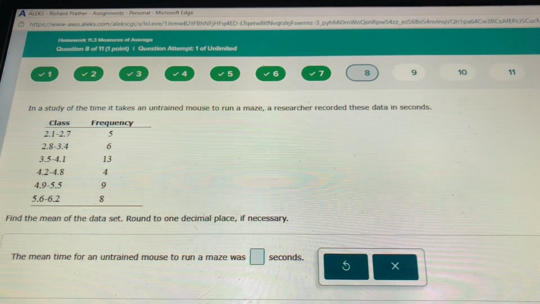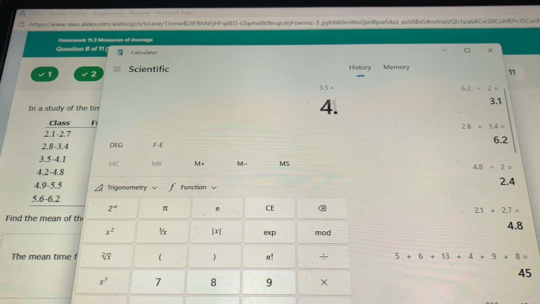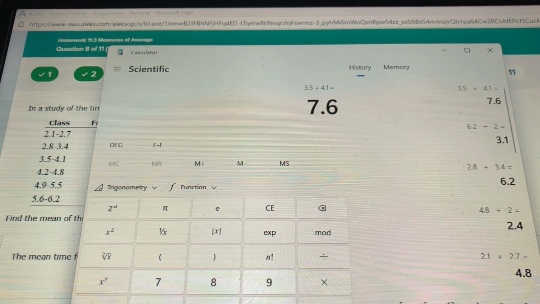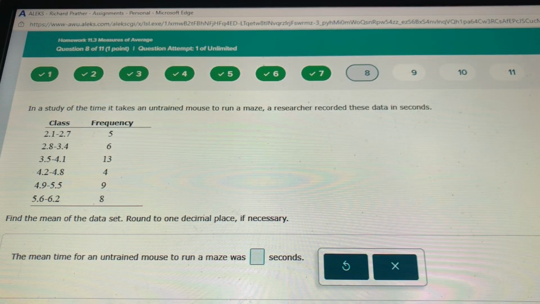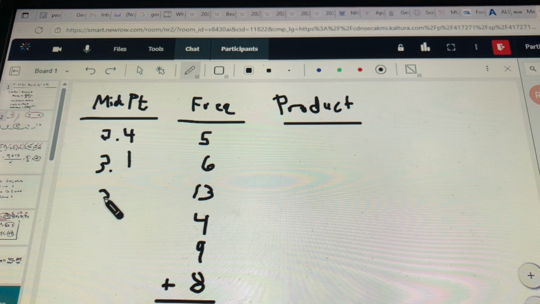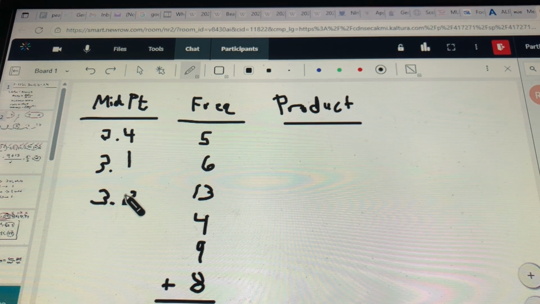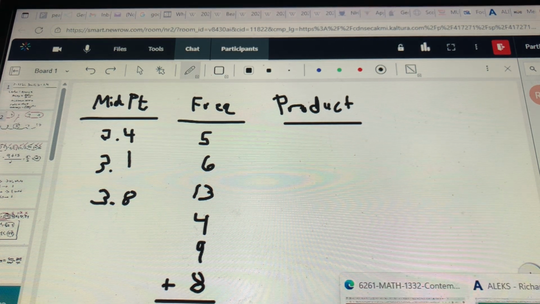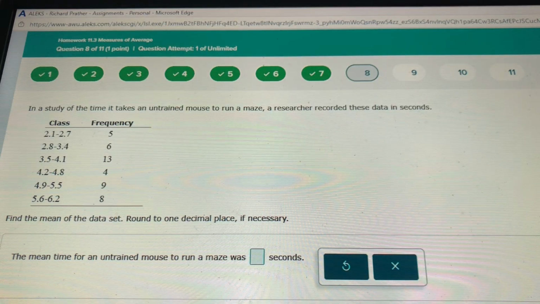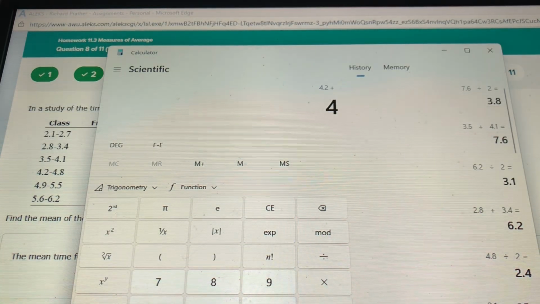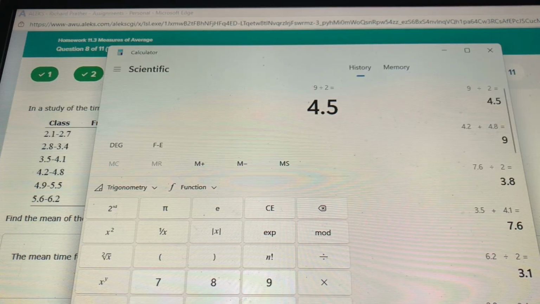What's halfway between 3.5 and 4.1? 7.6 divided by 2 is 3.8. 4.2 plus 4.8 divided by 2 is 4.5.